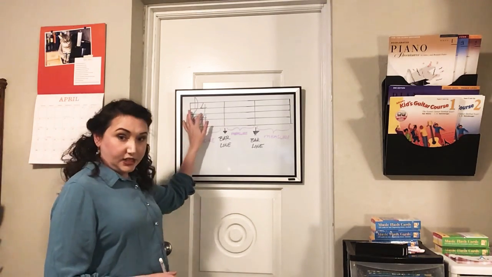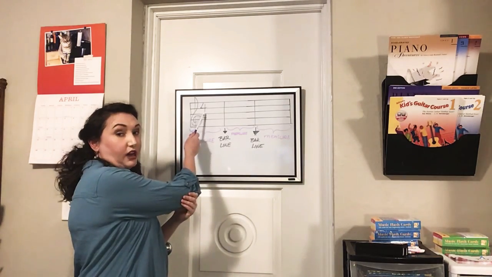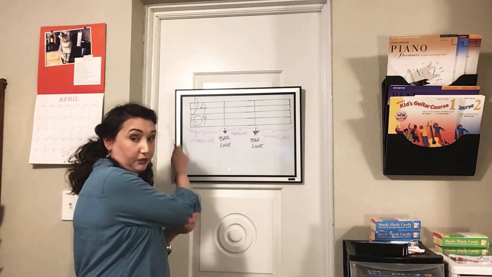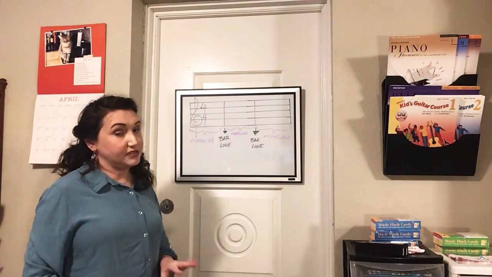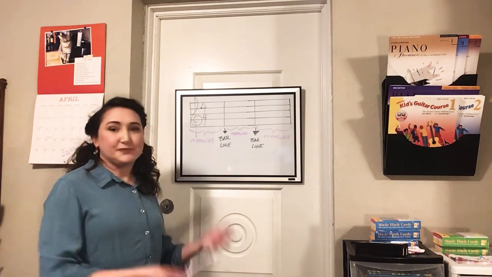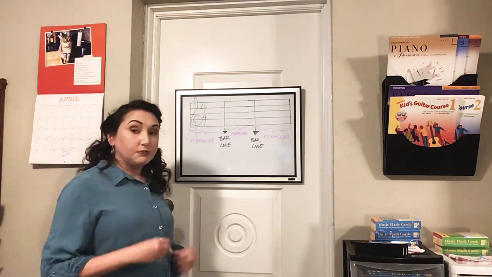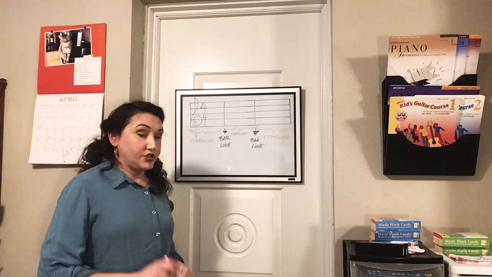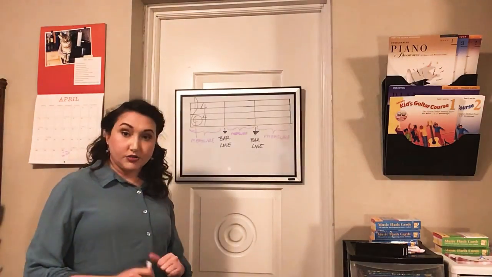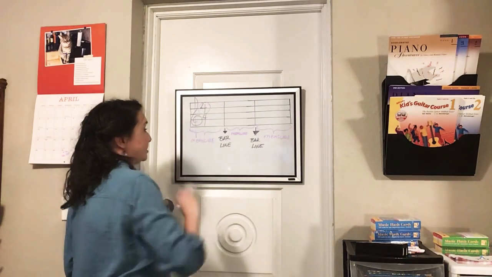Looking at the time signature here, there are two numbers. There's a 4 on the top and there's a 4 on the bottom. Now it's not always going to be the same time signature, but in this case, this is the time signature that we're going to start out with today. The most important number to pay attention to when you are starting out is the top number in the time signature.